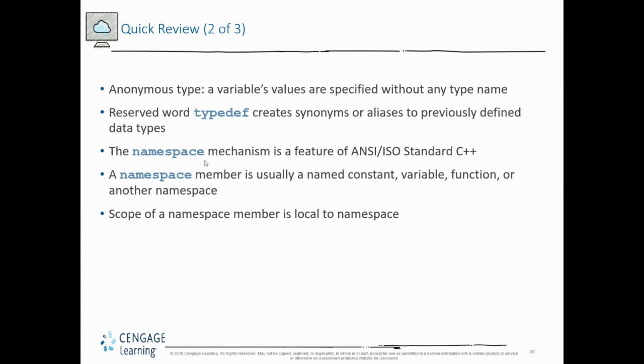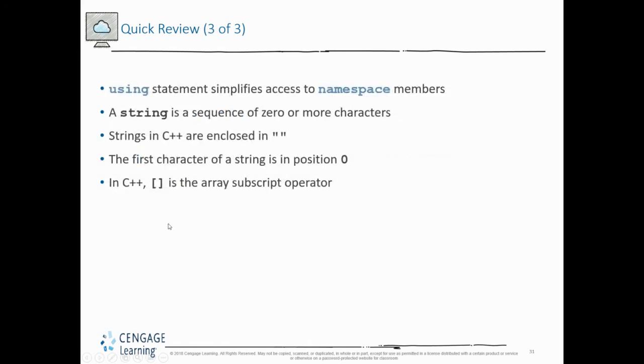Okay. The namespace mechanism is a feature that you don't need to worry about, the ANSI ISO standards, but namespace mechanism is in the C++ compiler and the libraries. A namespace member is usually a named constant, a variable, a function, or it could be another namespace. And the scope of a namespace member is local to that particular namespace.